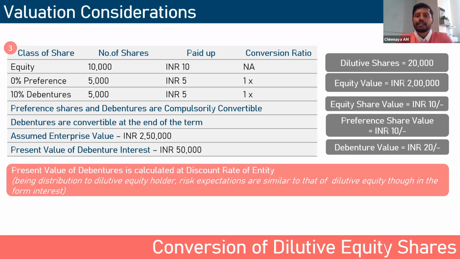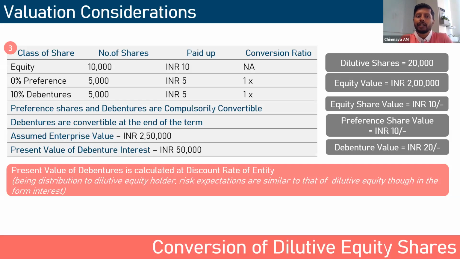So here, since everything is 1:1 conversion ratio, the dilutive number of shares would be 20,000. Equity value is 2,50,000 minus the 50,000. To make it a little clear here, I've used enterprise value as 2.5 lakhs. Once the present value of interest goes away from it, it will become 2 lakhs. So equity value is 10 per share. For preference also the same 10.